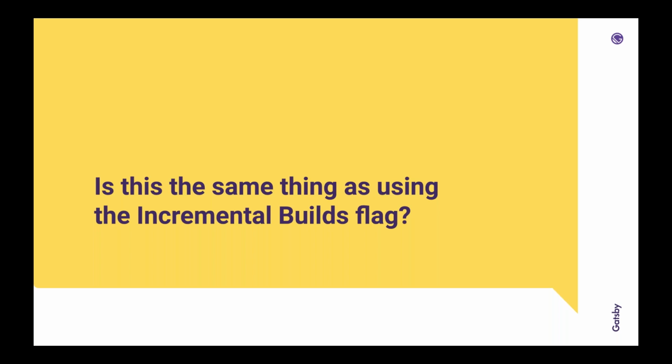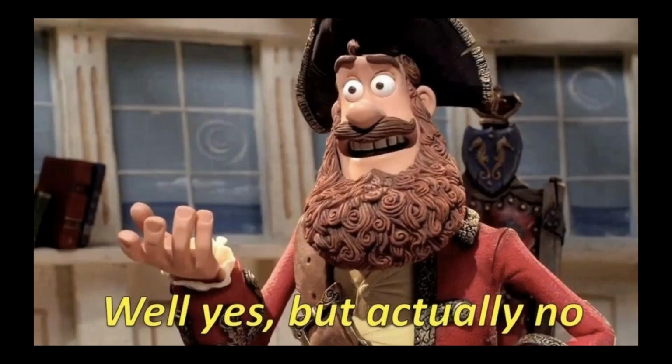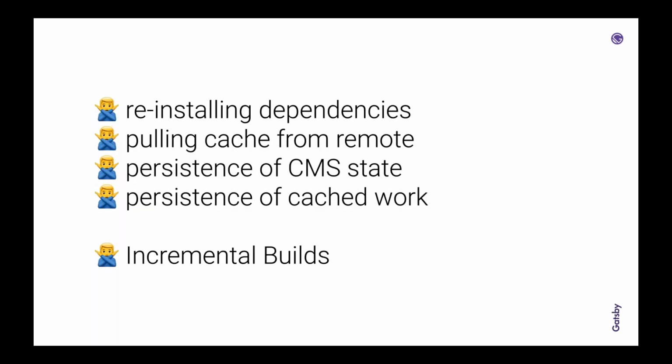And the answer to this is unequivocally no. Well, yes, but actually no. In some sense, that is a kind of incremental build, but it's not a truly incremental build like we're able to deliver in Gatsby Cloud, primarily because as I define an incremental build, it's a sub 10-second build where we are keeping around the remote state, we are keeping around dependencies, we're keeping around the state of the world so that when a data change comes in, we just diff that data and just deploy what needs to change, but we don't have to do any other work. That's quite literally the only work that we're doing.